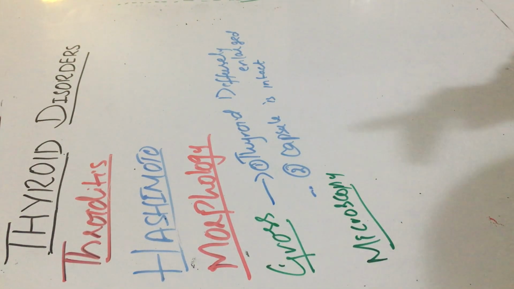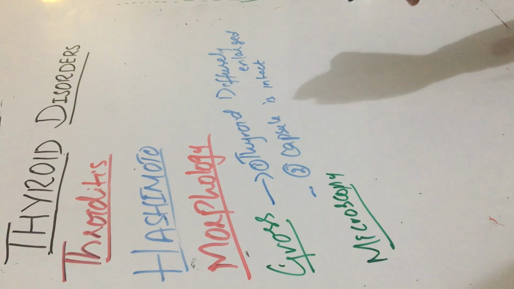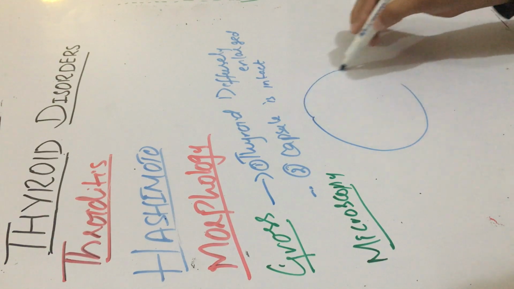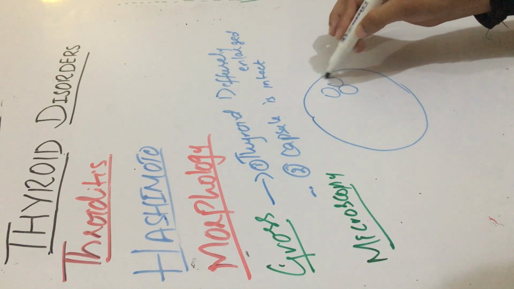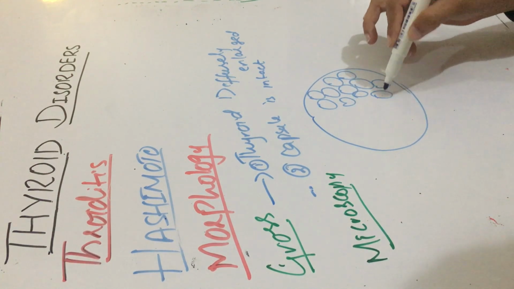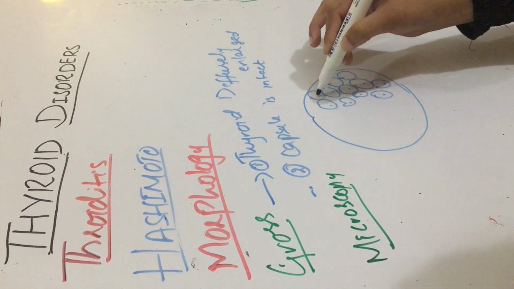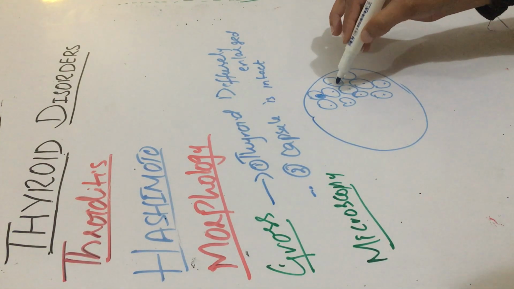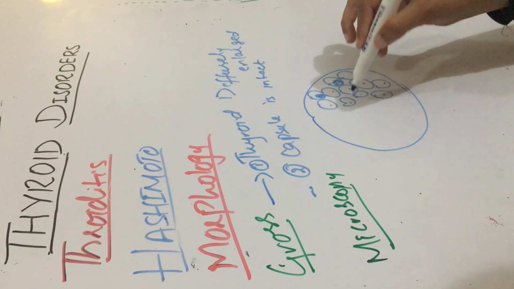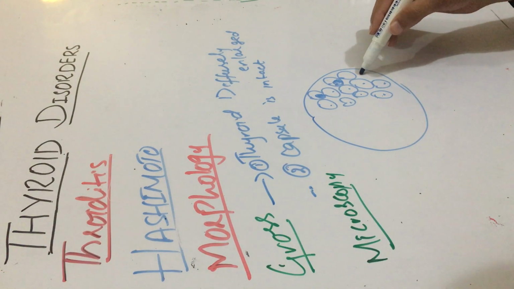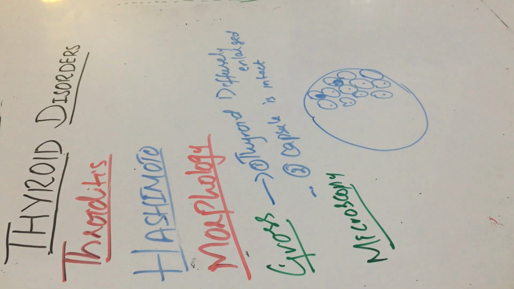For example, if there is a cut section of the thyroid gland and we observe it under the microscope, you will see that in widespread areas, most of the thyroid parenchyma is replaced by mononuclear lymphoid inflammatory infiltrate. These are the plasma cells, these are the lymphocytes, and the macrophages would be present as well, and some germinal centers would also be present.